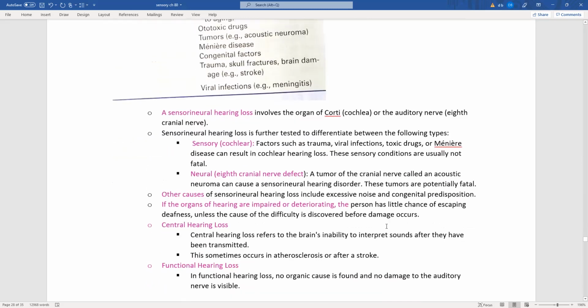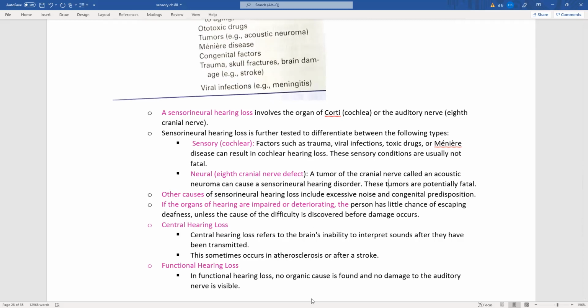Other causes of sensorineural hearing loss include excessive noise and congenital predisposition. If the organs of hearing are impaired or deteriorating, the person has little chance of escaping deafness unless the cause of difficulty is discovered before damage occurs.